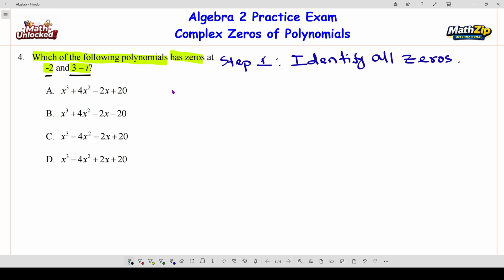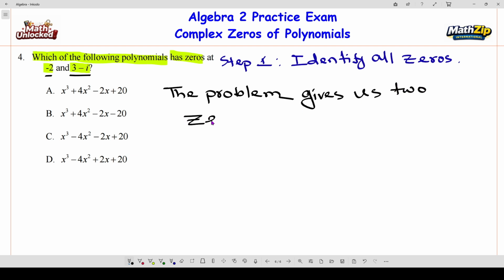So we can write, the problem gives us two zeros, which are -2 and 3 minus i.